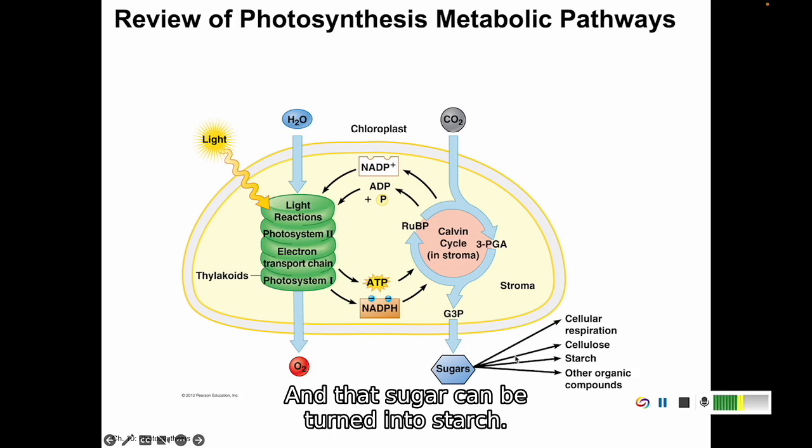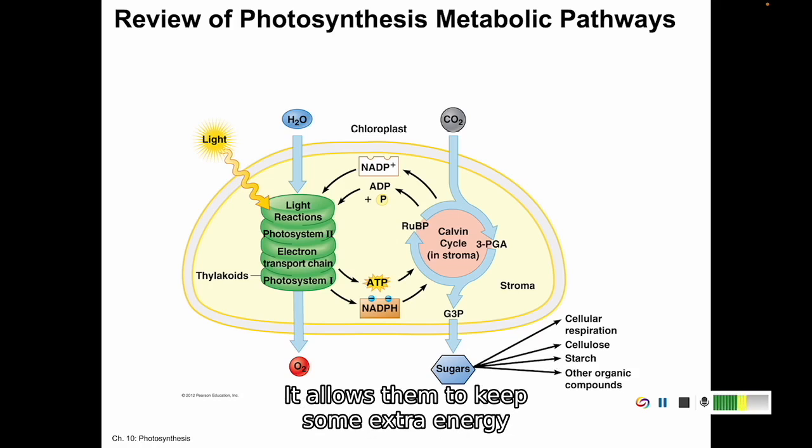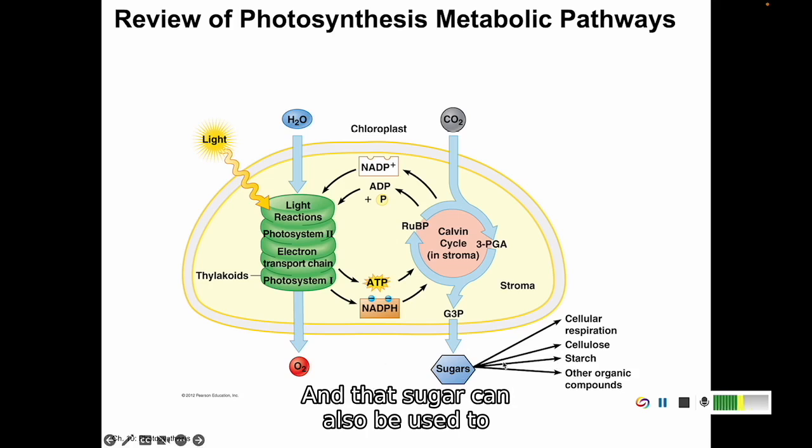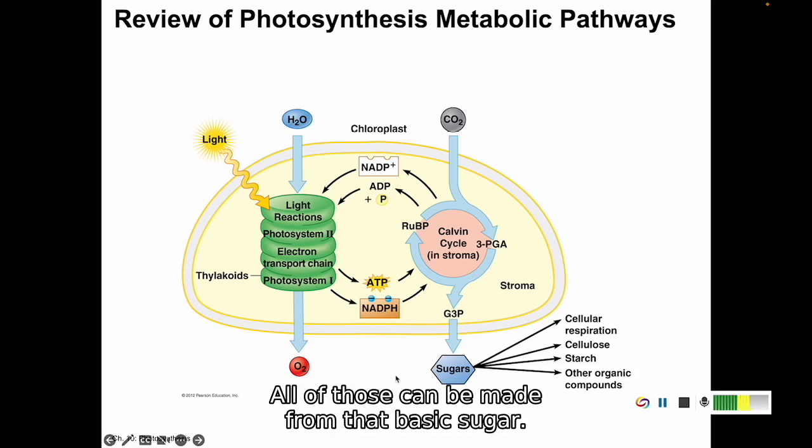That sugar can be turned into starch. Starch is the storage polysaccharide in plants. It allows them to keep some extra energy stored for when they need some energy. And that sugar can also be used to make other organic compounds. So if that plant needs to make proteins, or lipids, or nucleotides, all of those can be made from that basic sugar.